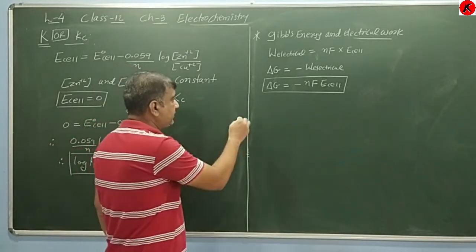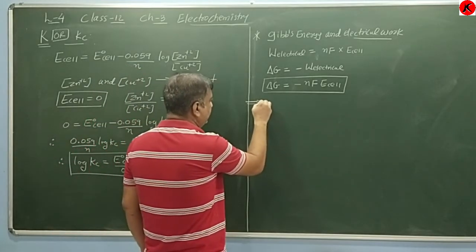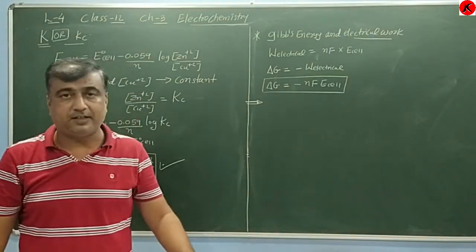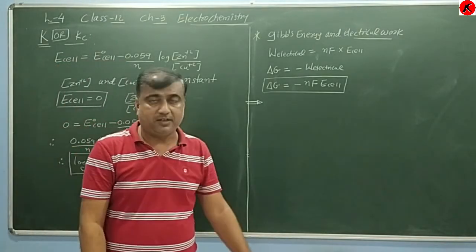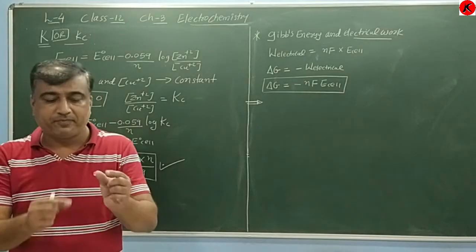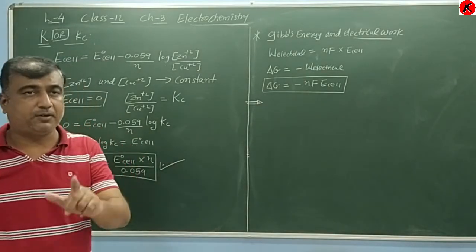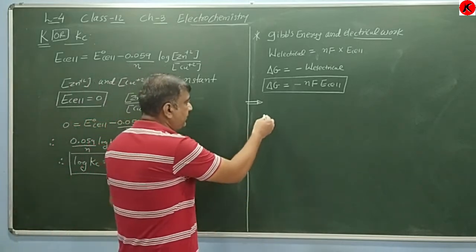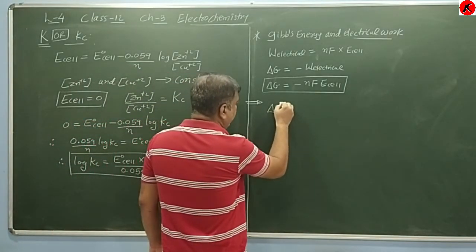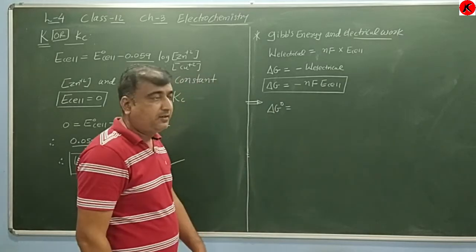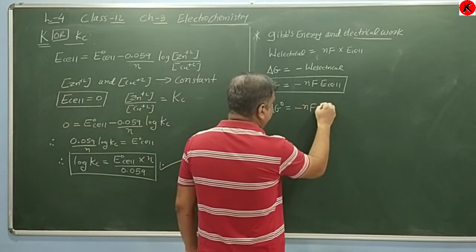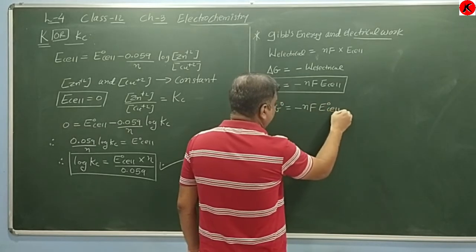Now suppose this cell is under standard condition. Standard condition means temperature is 298 Kelvin, concentration of species is 1 molar, and if gas is involved then pressure is 1 bar. Then we can write the standard change in Gibbs energy equal to minus nF E naught cell.